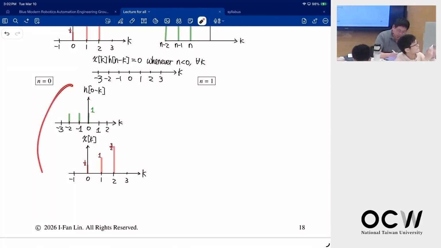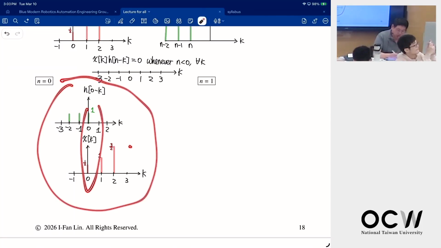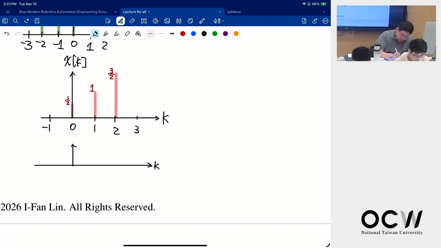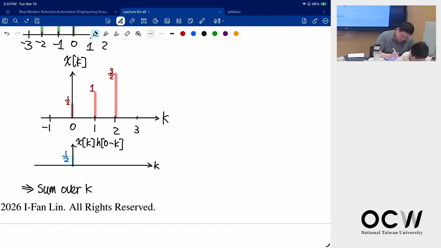When I do the multiplication, we get 1/2, right? Let's use blue as your output. Here 1/2, and this is x of k times h of 0 minus k. So the sum over k gives y at 0, that's 1/2.